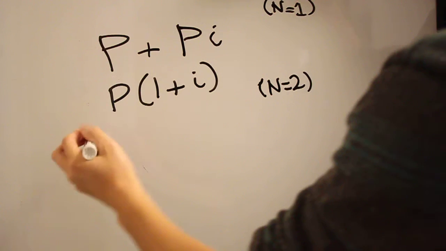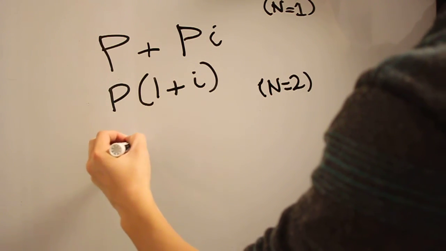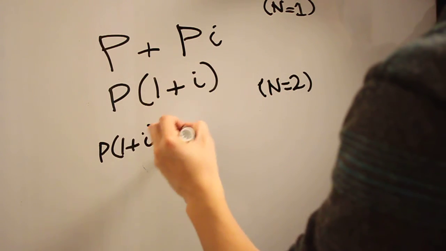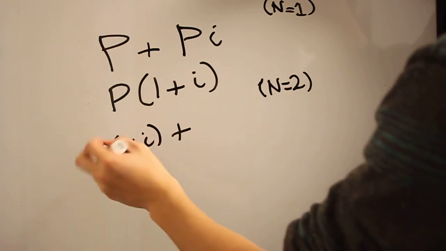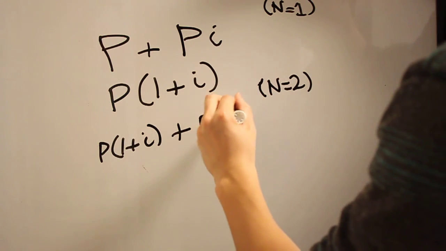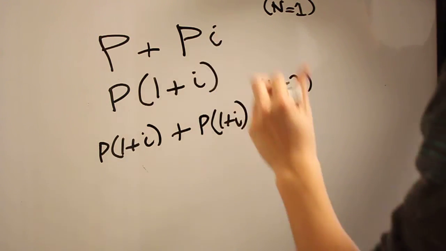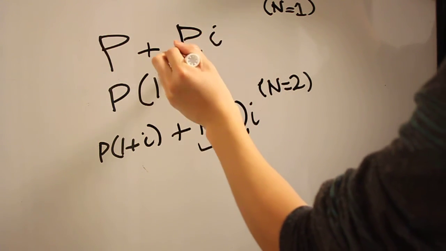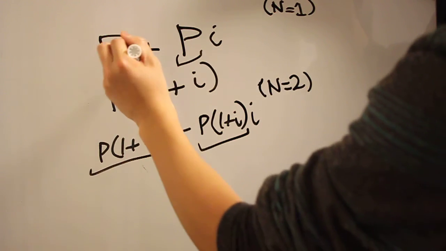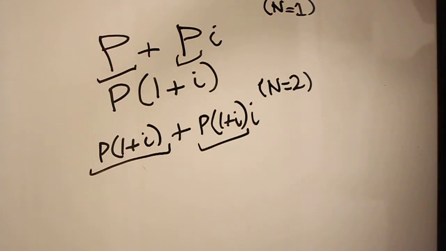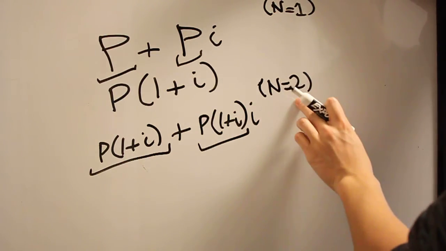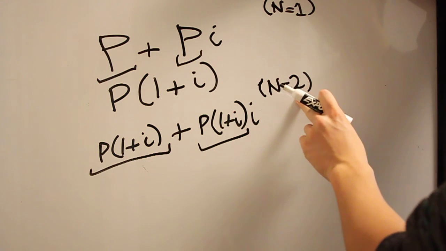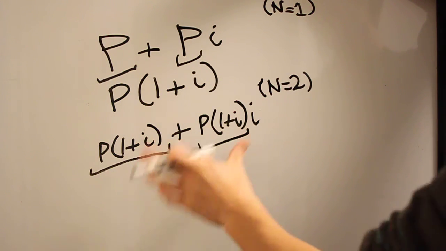So if we put this here, and now we add to that this. So we're going to add the original times I. So you see how this lines up with this, and this lines up with this. It's the same exact mathematical concept here. But on the second period of when you compound the money, this is what happens.